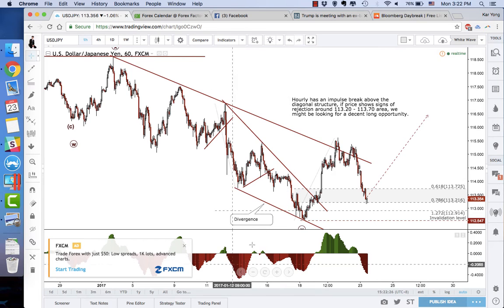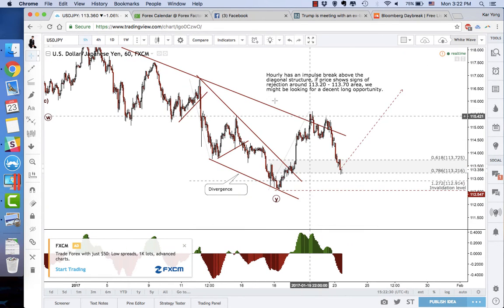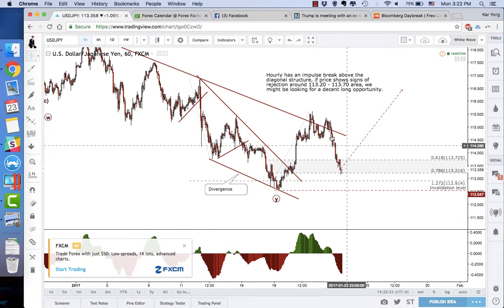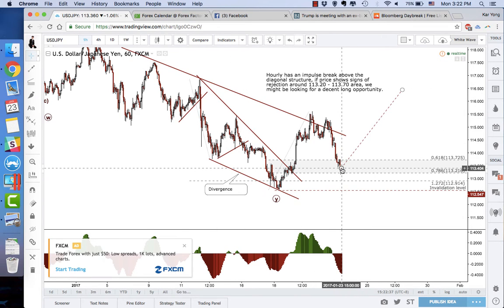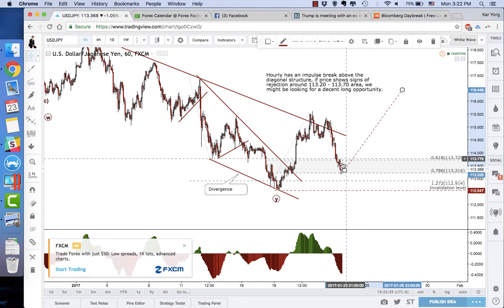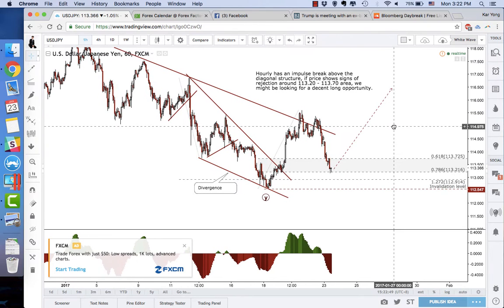You can see divergence with the MACD, and it has broken impulsively, but this trend line is still keeping price below it. What we are expecting is that price is currently retracing and testing the 786 retracement. If we see price drop further, breaking this low, then this entire count will be invalidated and we'll still be in a downtrend on the dollar yen.